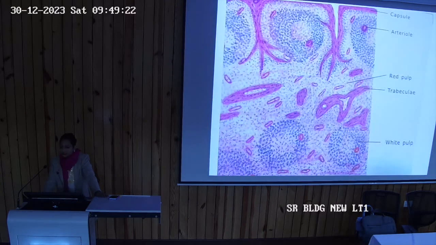So this is the slide of spleen. The key feature here is red pulp and white pulp. How to recognize white pulp? Central arteriole. Yes, and the central arteriole is surrounded by, yes, basophilic, circularly arranged cells. Yes, you are right. But then the important feature is that they are present near the central arteriole.